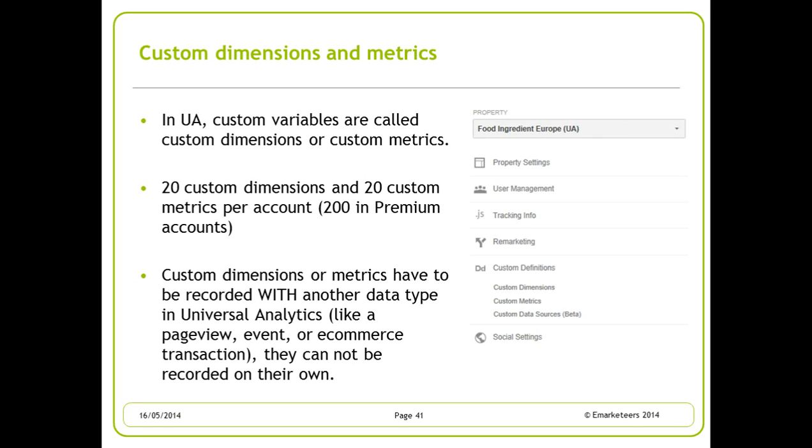Imagine you have a login on your site. If you don't do anything, you will never know in your Google Analytics report whether those visits came from a person that was logged in or not. So you can use custom dimensions to tell Google, hey, this was a visit from somebody who was logged in.